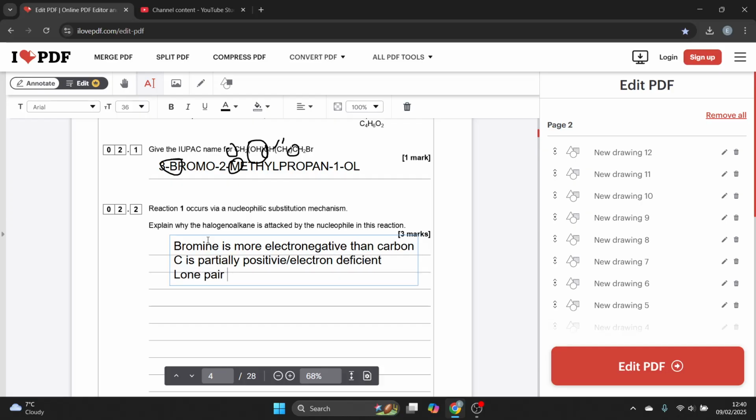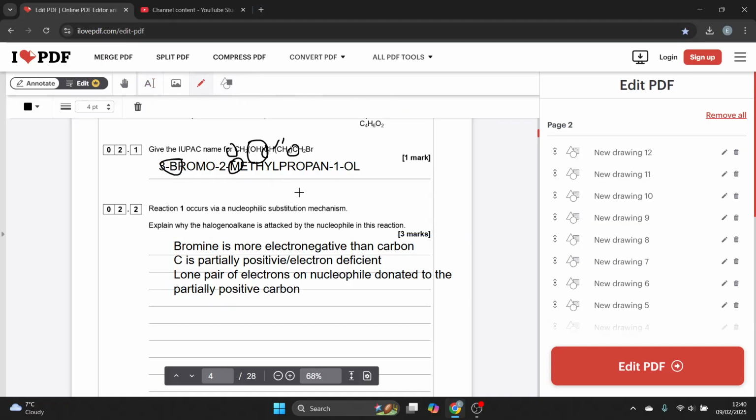Lone pair of electrons on the nucleophile donated to the partially positive carbon.